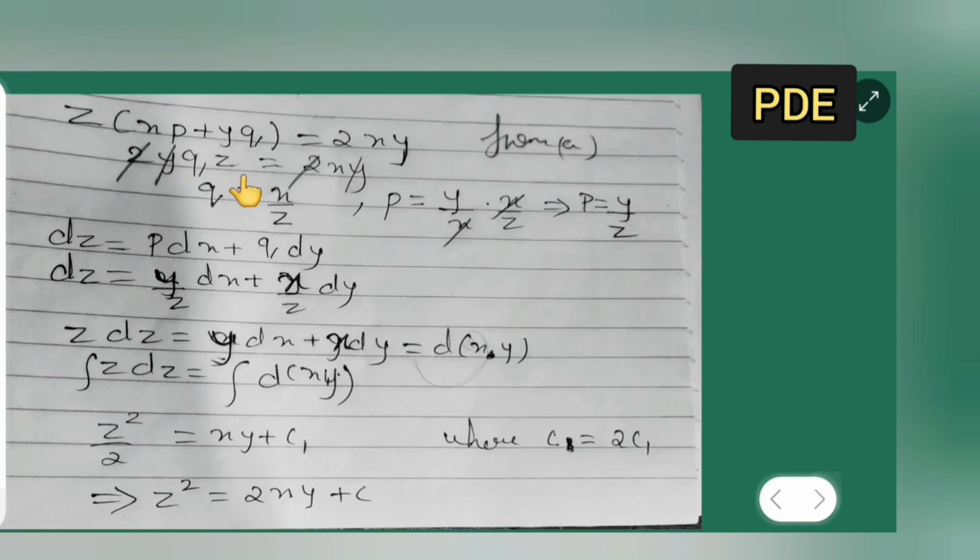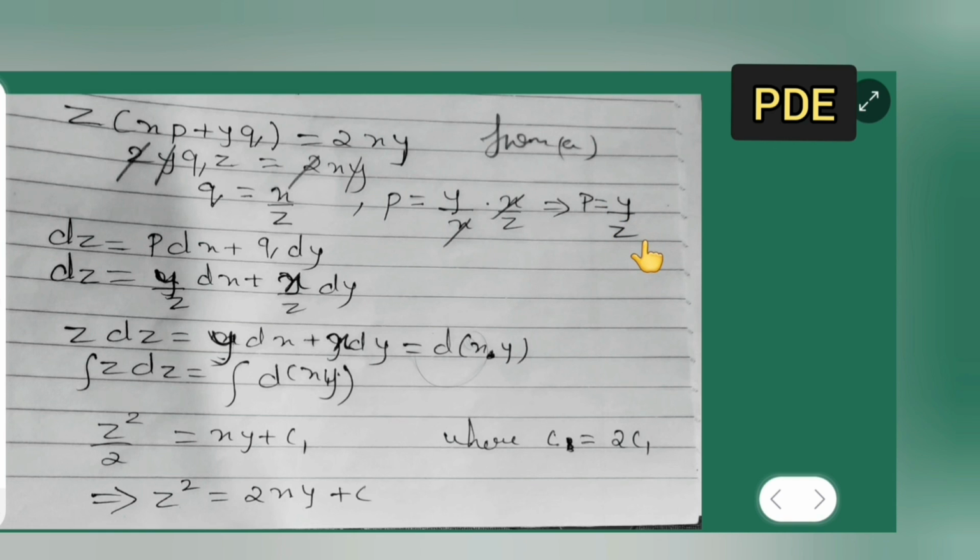So plug the value over here, this is 2xy. So y and 2 will get cancelled. What will remain is q is equal to x upon z, this z will go down. Then substitute in p. p was y upon x into y into q, right? So q is nothing but x upon z, so the x term will get cancelled. I will get p is equal to y upon z.